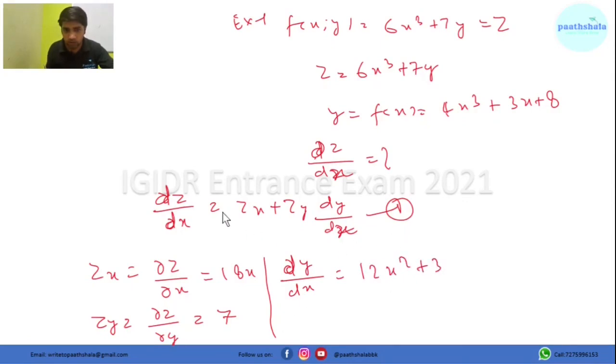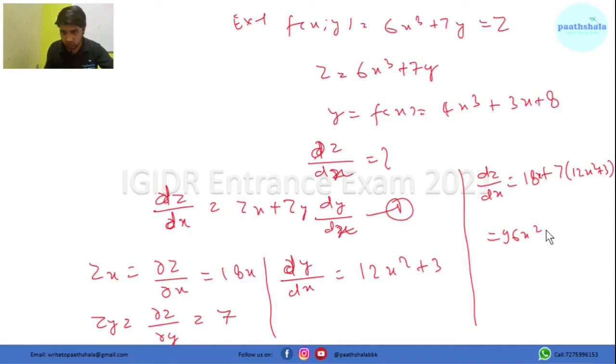So dz by dx equals 18x plus 7 into 12x square plus 3. This will come out to be 84x square plus 18x plus 21.